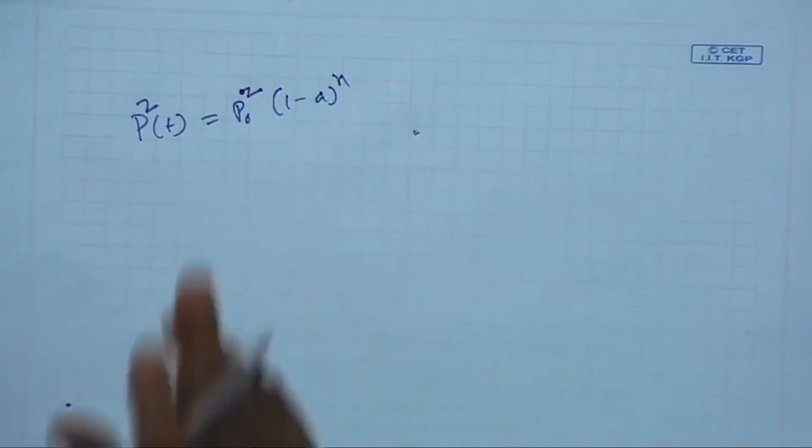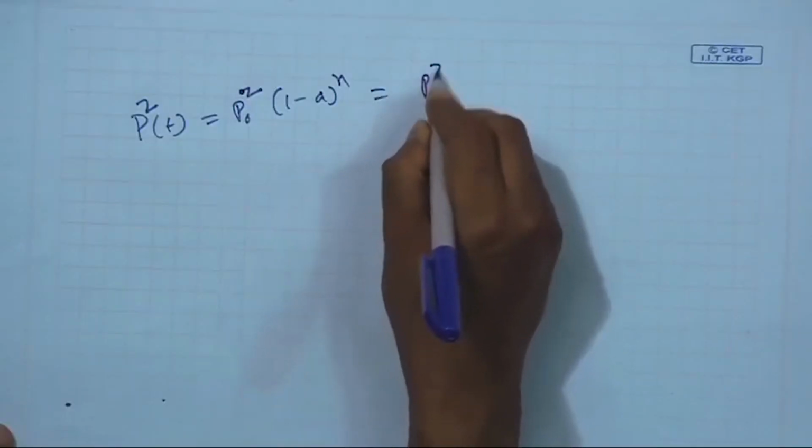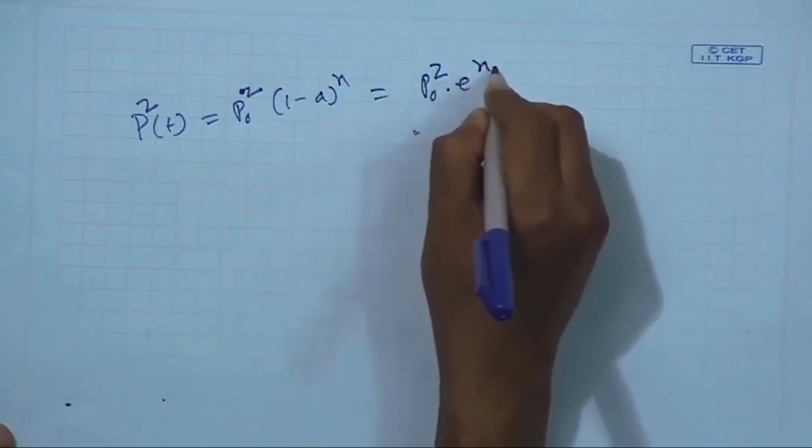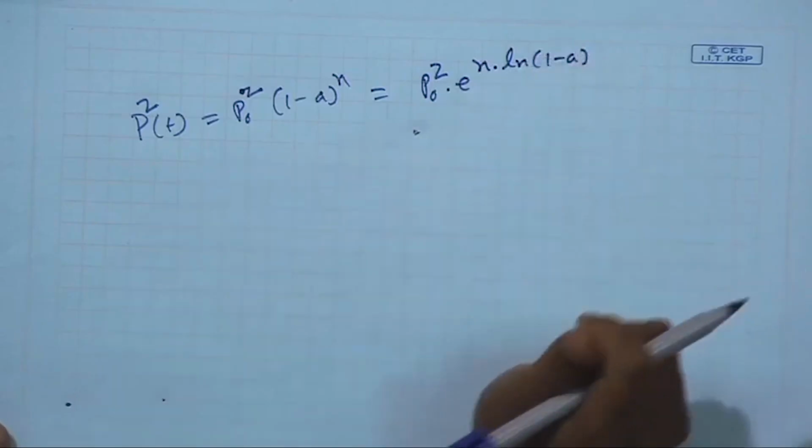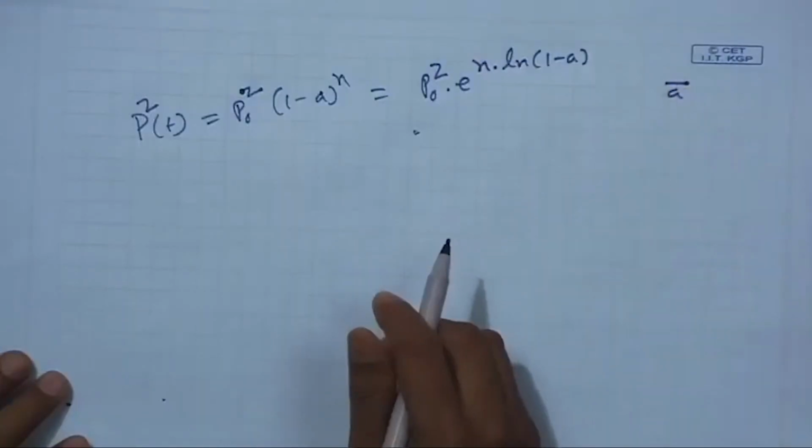This can be represented as P 0 square into e to the power n into ln of 1 minus A. I take the absorptivity, you can say the average absorptivity is A bar.